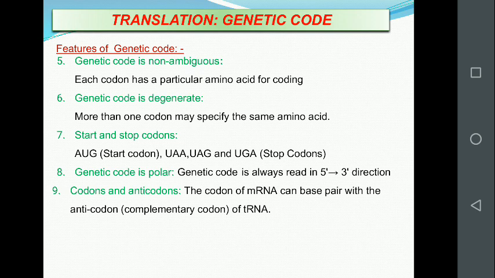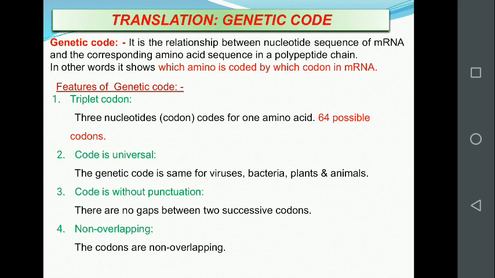And the sixth one is that the genetic code is degenerate. In the last slide, you have seen that in the triplet code, three nucleotides act as a codon to code for 20 different amino acids. We have 64 possible codons, but they code for only 20 amino acids.